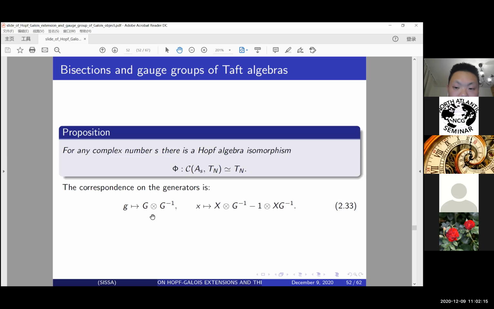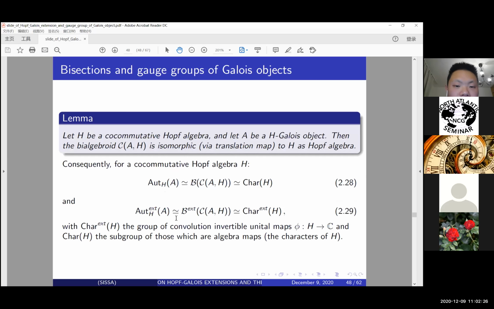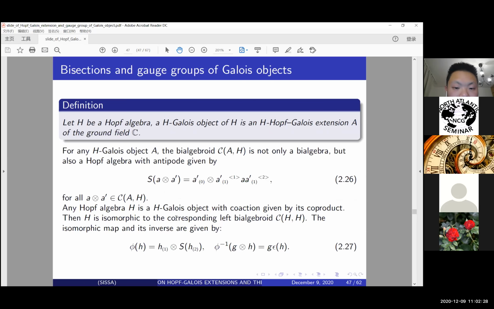Yeah, but this is the Hopf algebra of Ehresmann-Schauenburg. I'm asking, this is not surprising. I think this is more generally true, not just for Taft algebras. But I'm asking, what is a Galois object? You mean the general issue of the Galois object? No, I'm asking what is a Galois object of a Taft algebra?